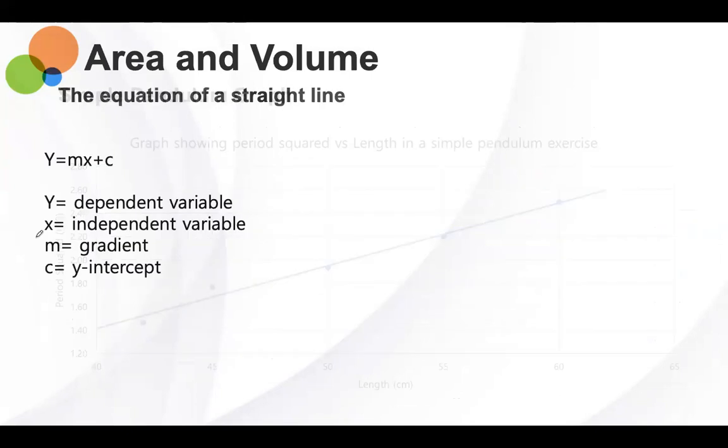So are we clear on that? We agree that our length is the independent and our period squared is the dependent variable. Are we all seeing that? Yes, sir. Okay.